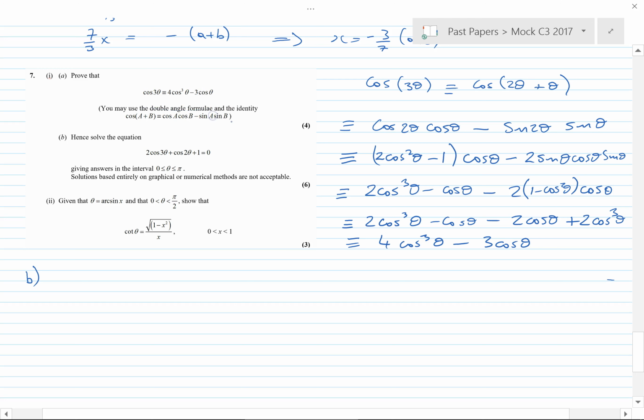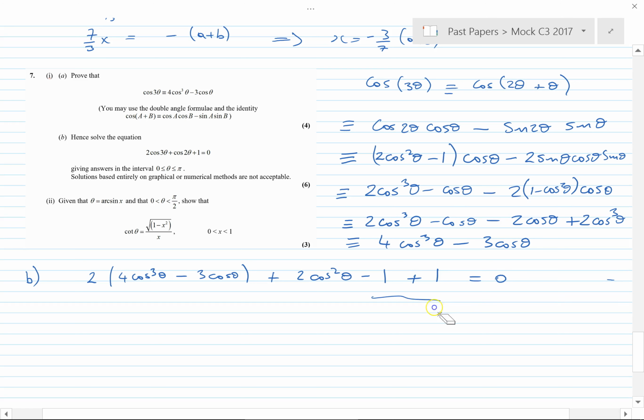We've got that formula for cos theta. We also know a formula for cos 2 theta here. So let's just put all that in. 2 times (4 cos cubed theta minus 3 cos theta) plus cos 2 theta. Remember, we want it all in terms of cos, so it's 2 cos squared theta minus 1, plus 1 equals 0.